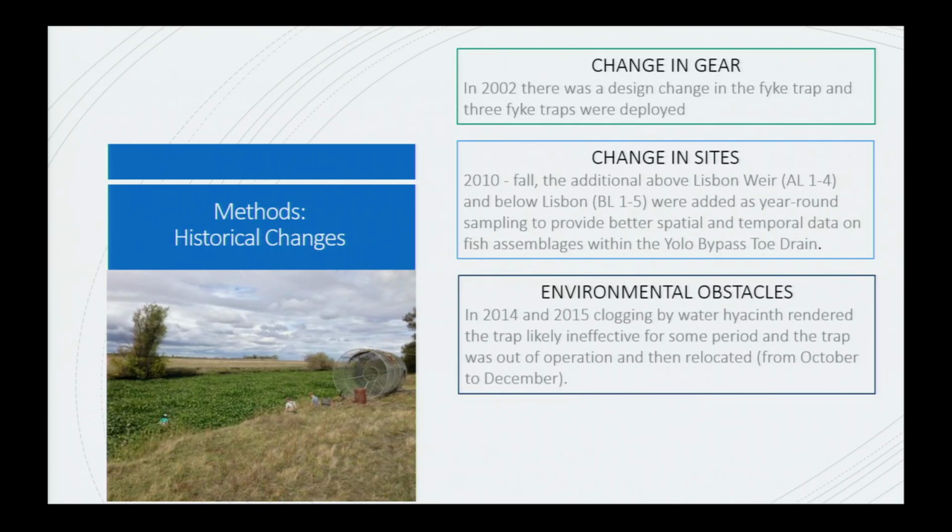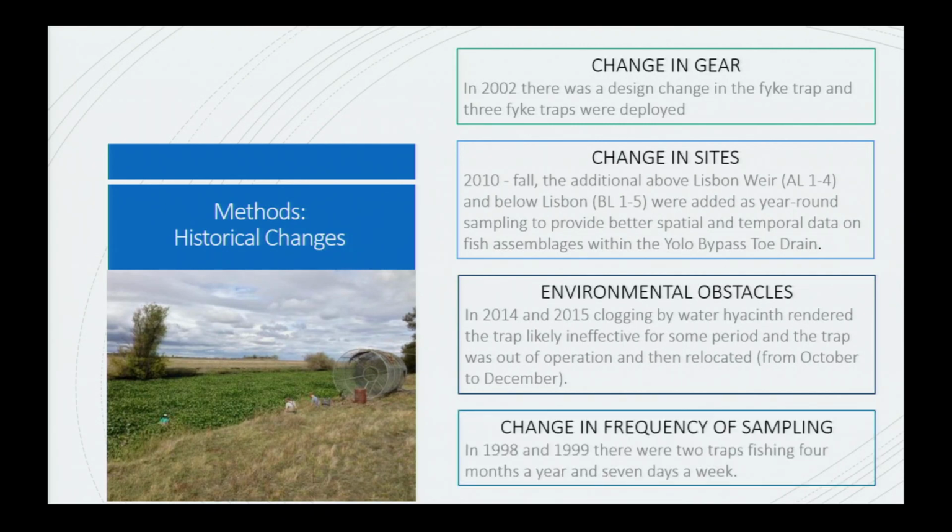Environmental obstacles like water hyacinth might be impeding your site, so you might move your sample down a little ways, something like that. And then changes in frequency of sampling as well. So as I mentioned, you might be increasing or decreasing your sampling for a period of time. You just want to document those changes and when you go back to normal.